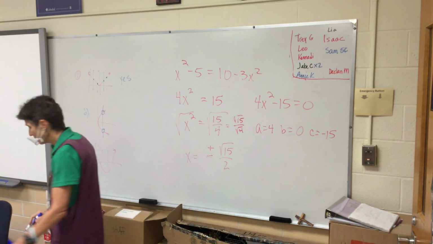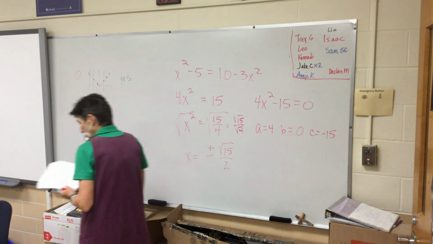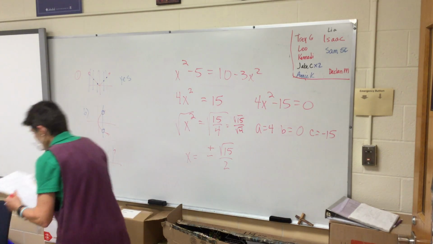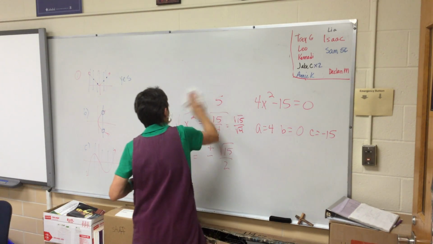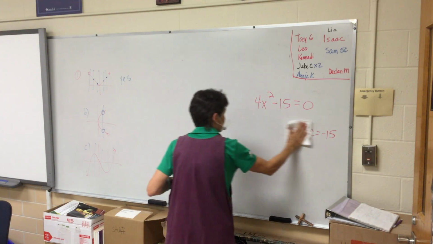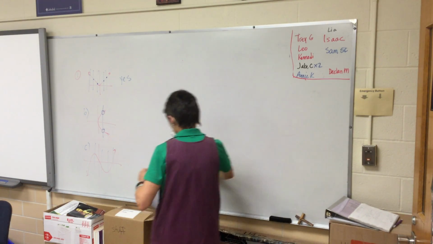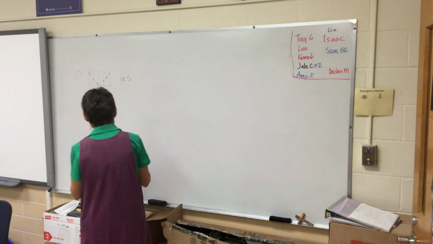Hits only one time. So B was a no, but C is a yes. What about D, a circle? D would be a no, because when you draw your vertical lines down through, it doesn't pass the vertical line test.